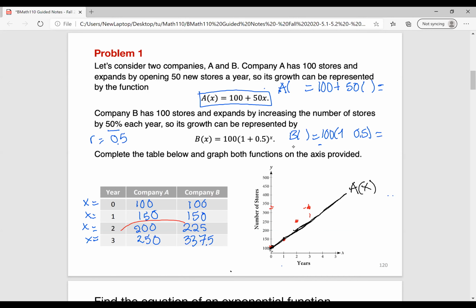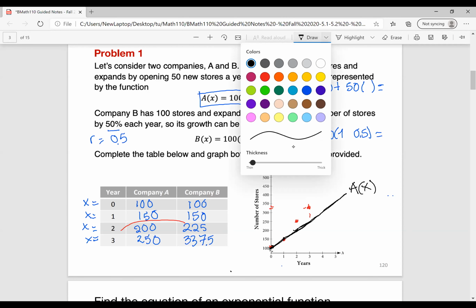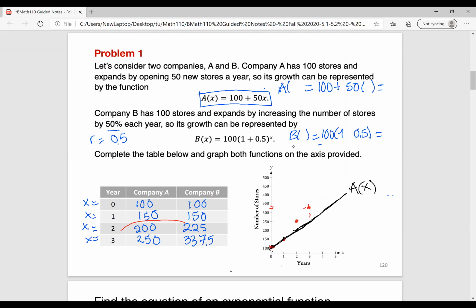This is a line, okay? And this is exponent. Okay. And I say this is b of x.